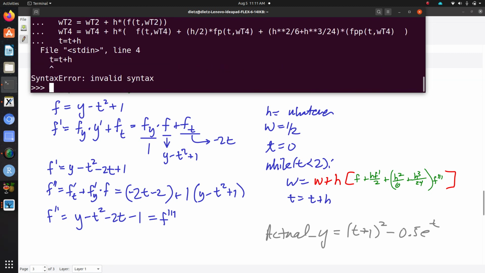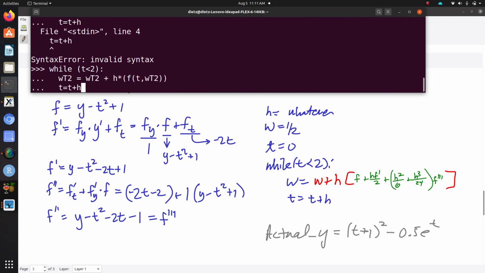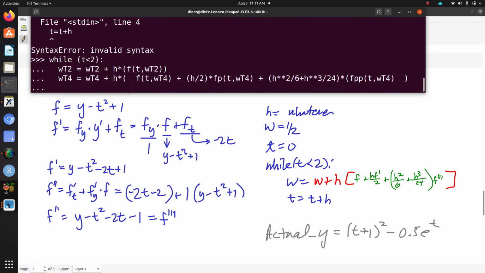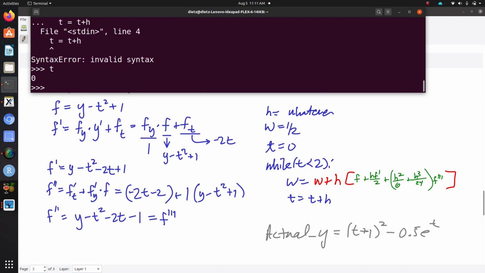And then what I'm going to do, oh man, I actually have no idea why that was a problem. Okay. Let me pause this and figure out why my computer hates me.